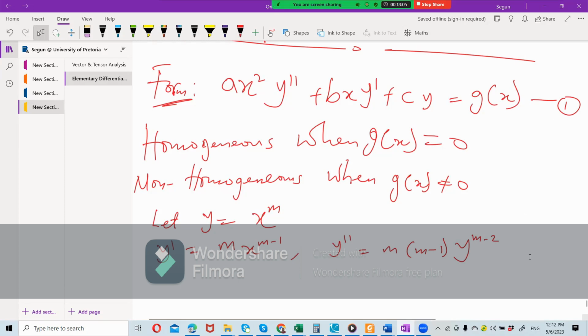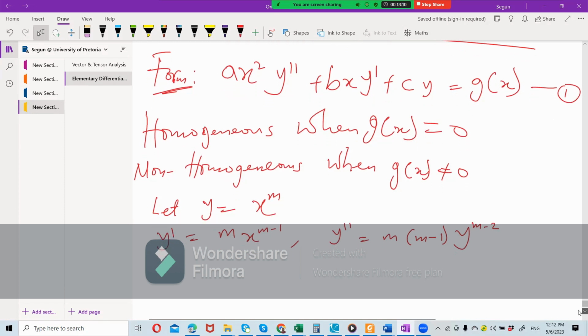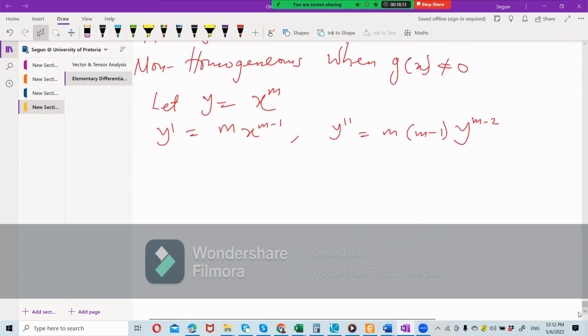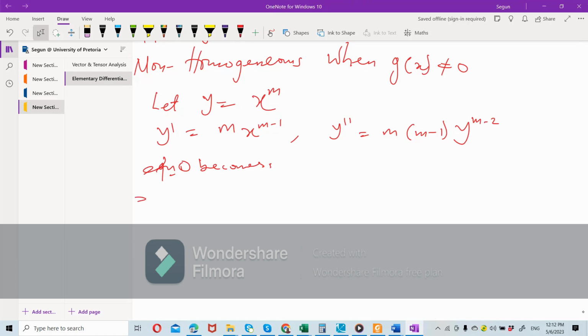Then equation 1 becomes ax squared. That is, where you have y prime prime, substitute this one there. Where you have y prime, substitute this.